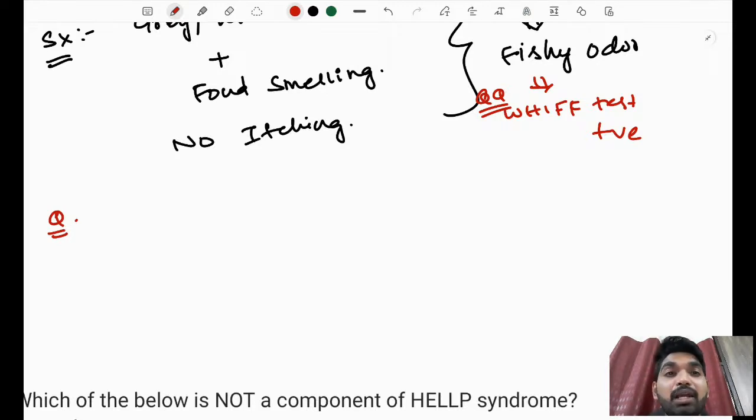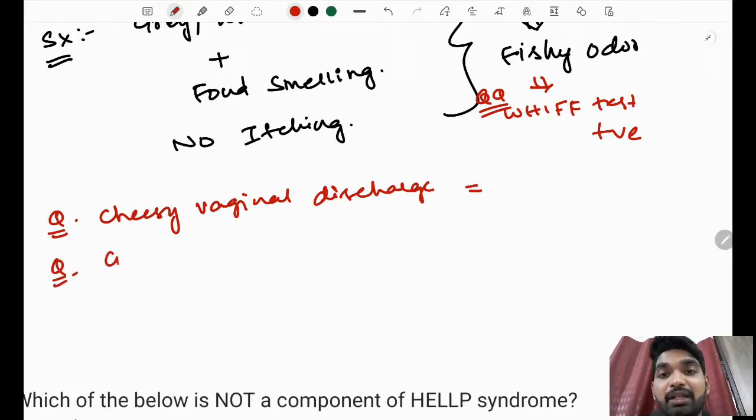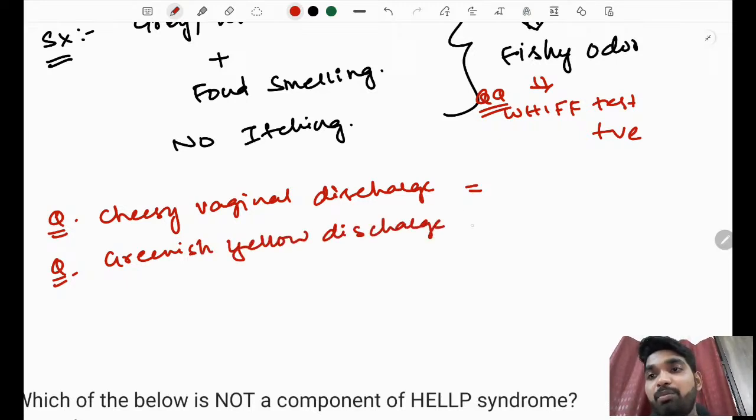A female comes to the clinic saying that she has cheesy vaginal discharge, and there is itching. What do you think of? One more case comes to you saying greenish yellow vaginal discharge, which is foul smelling.